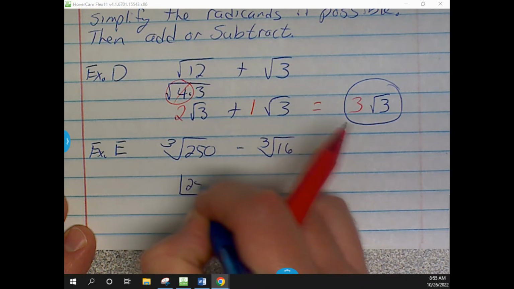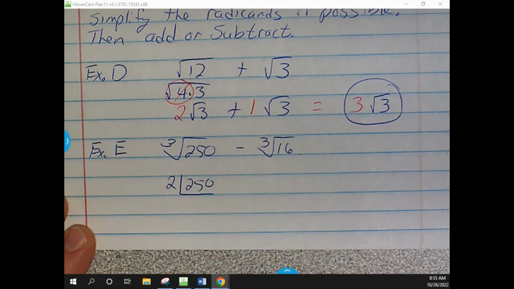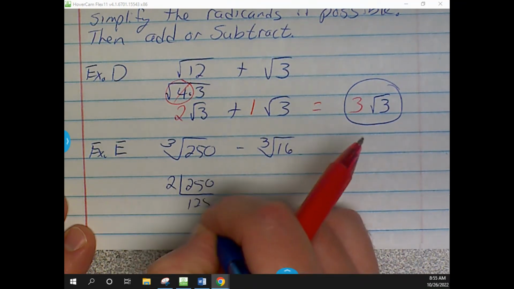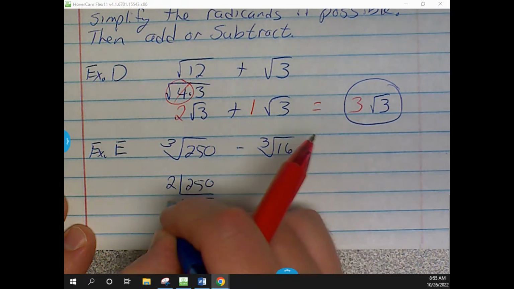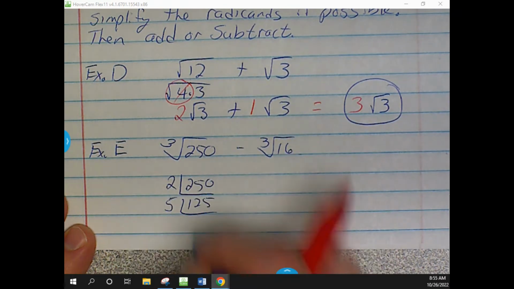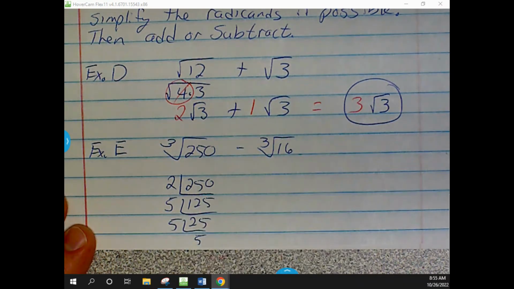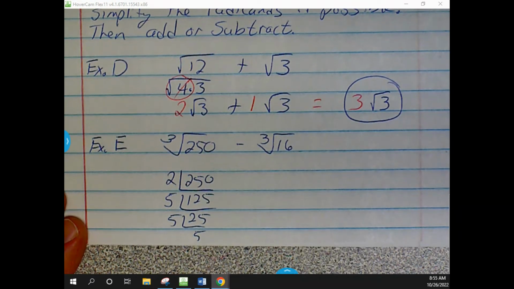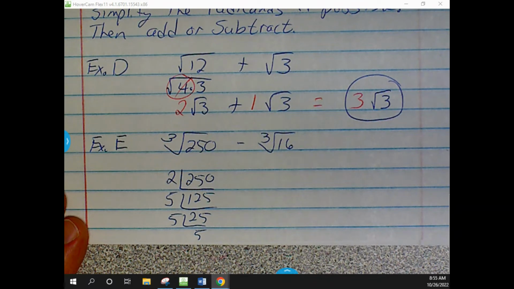So with 250, it's even, so I'm going to divide it by 2. 125, I can divide it by 5. And then 25, you can divide it by 5. Right at the bottom of the paper, so let's put that one here.